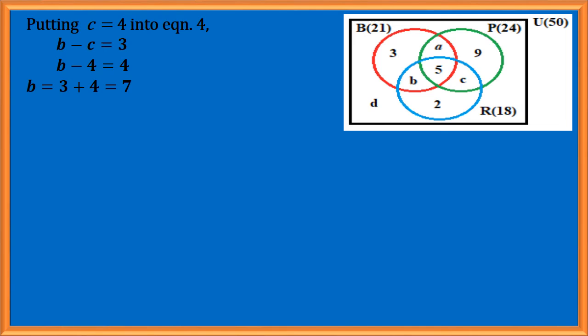So for Roman number 2, we were asked to find those who chose exactly 2 kinds of food.